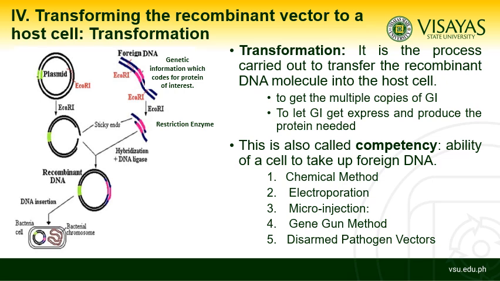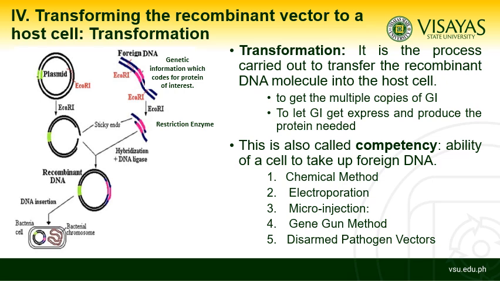So this is done for one or both reasons. First reason why we are doing transformation is maybe we want to replicate the recombinant DNA molecule for us to get multiple copies of our gene of interest. That's the first reason why we would want to do transformation. The second one is we want our gene of interest to get expressed, and then it will produce the protein which is needed by us.